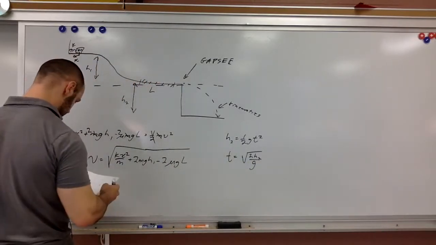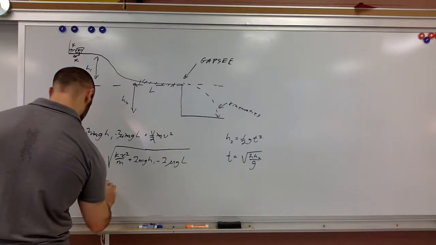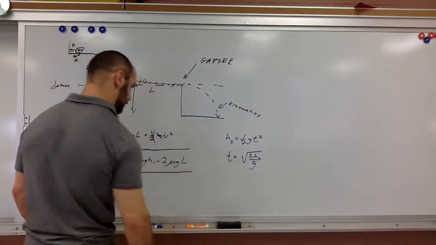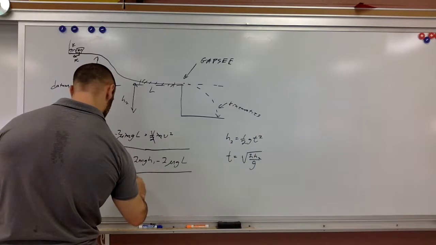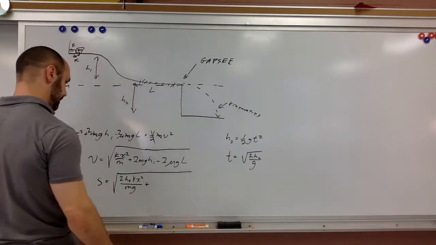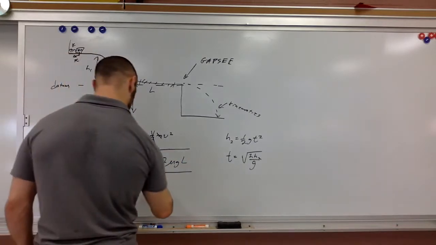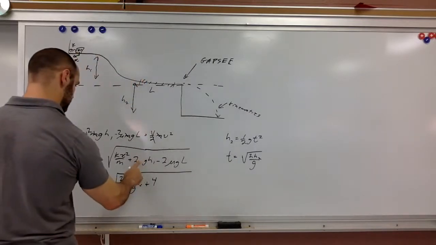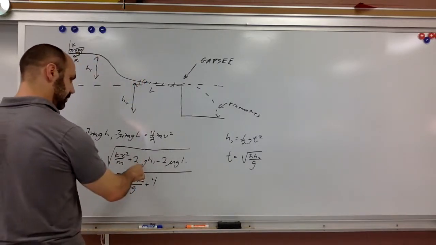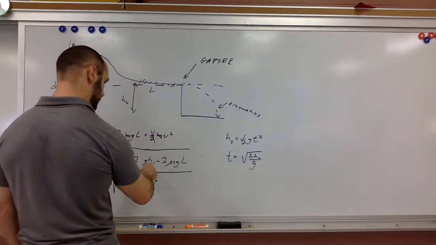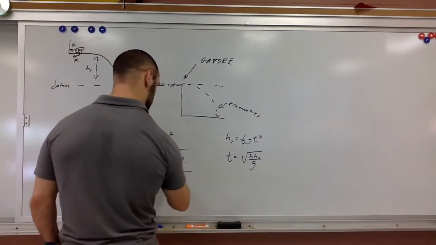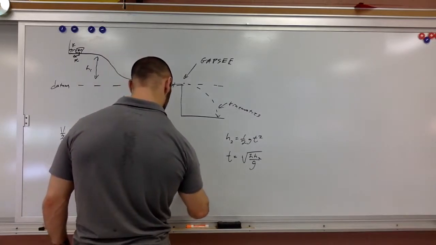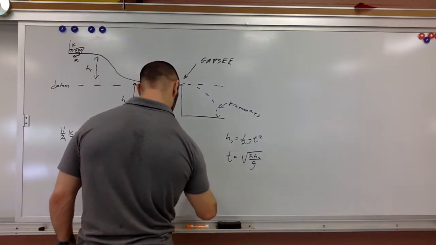So the distance, s, is going to be the square root of, so 2 times this is going to be 2 h2 kx squared over mg plus, now this is going to be 4, oh, sorry, this m shouldn't be in here, getting rid of that. 4 g's cancel out, so I just have h1 times h2, and then minus 2 times 2, so it's 4 mu, g's cancel out, L h2.